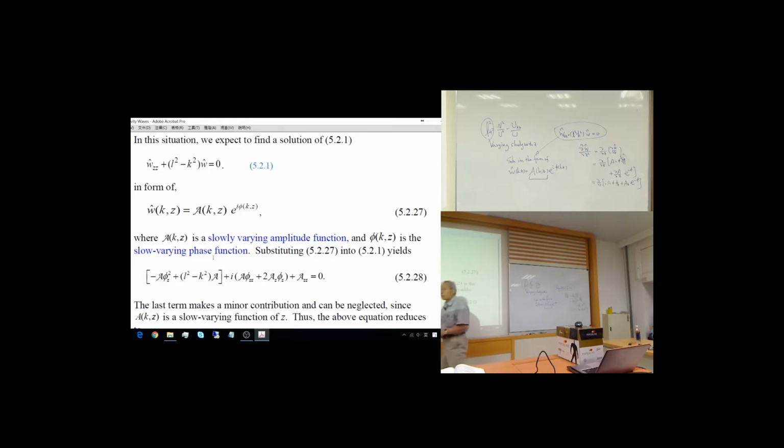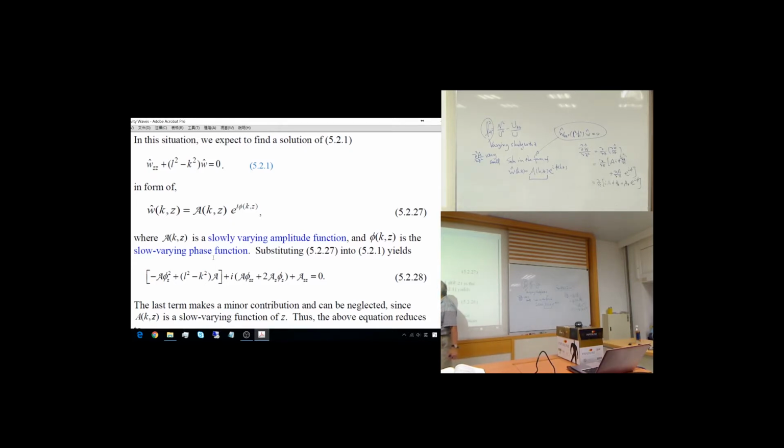If it's very small, that means the second derivatives, the A GG and phi GG terms, are very small, because it takes twice the differentiation. So this term becomes very small.